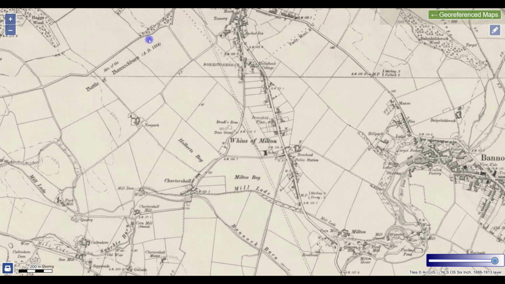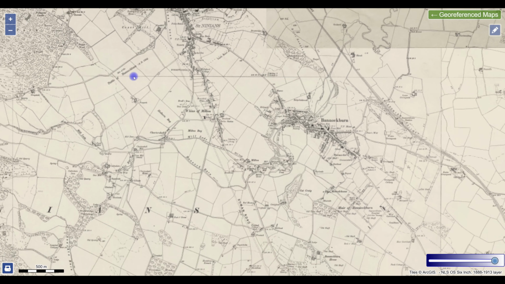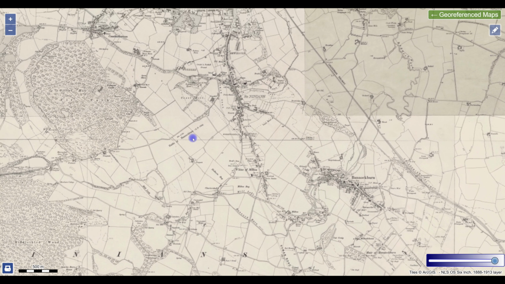So interestingly on this map, you can see they've marked the Battle of Bannockburn 1314 here. So if I just pan out, you'll get a better perception of where this is. So there's Gillies Hill and there's Coxet Hill.